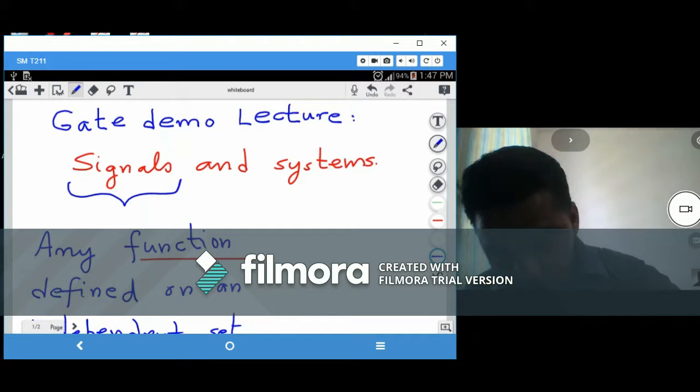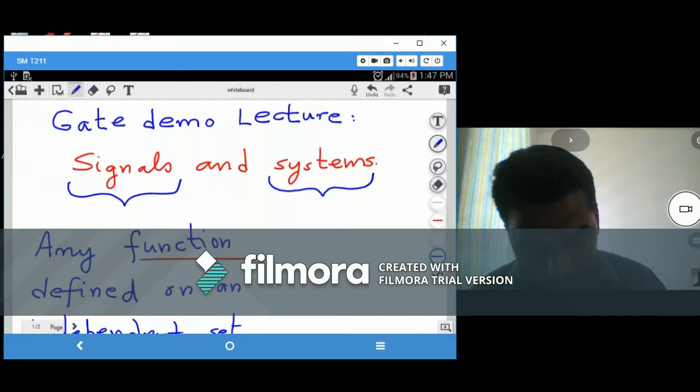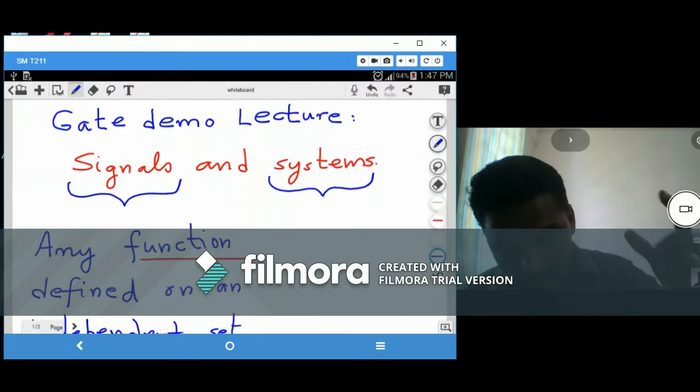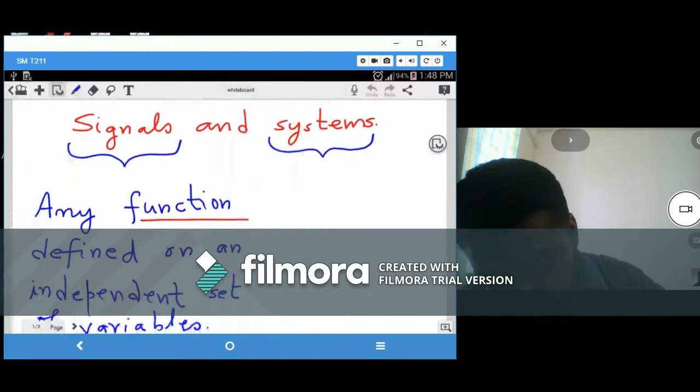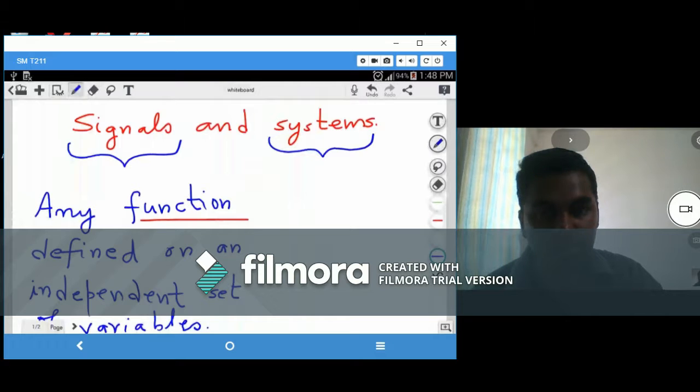Let us consider the second term in our topic, which is system. So a system can be defined as an entity, in the form of an entity or a block. This is the common term that we use in the language of signals and systems. We use system as a block.